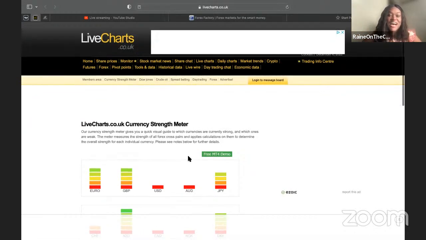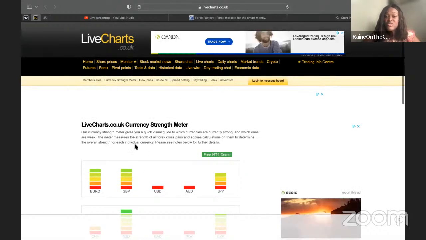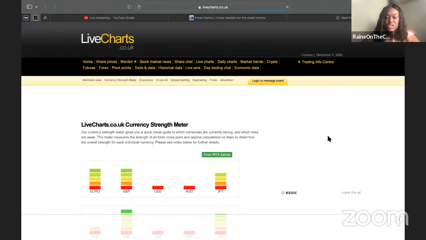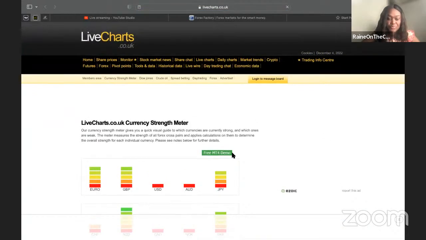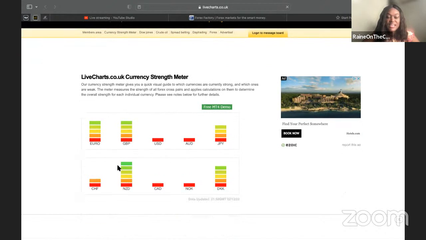Right. So I go to lifecharts.co.uk. And when looking at the currency strength on this site, you need to refresh the screen to have the most current reading, right? So Euro is looking good, GBP looking good, JPY, NZD.